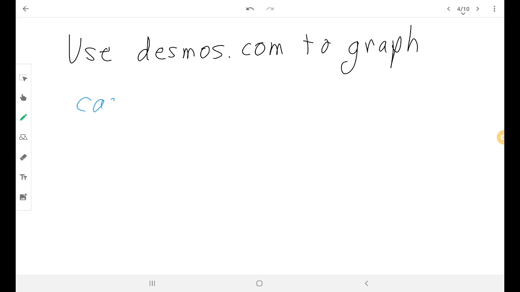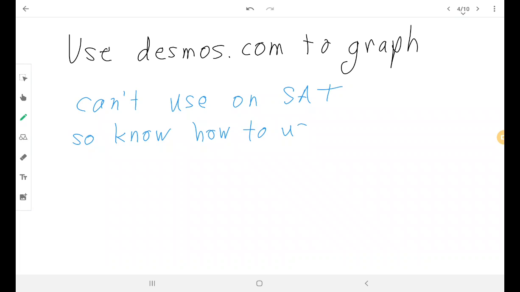You can't use Desmos on the SAT, so you really want to make sure that you know how to use a graphing calculator also.